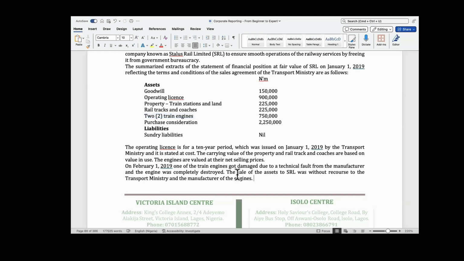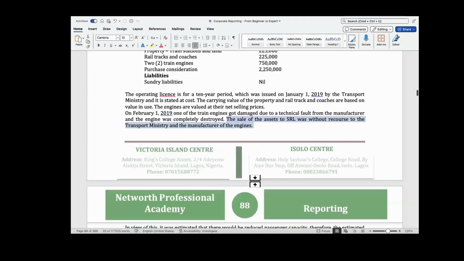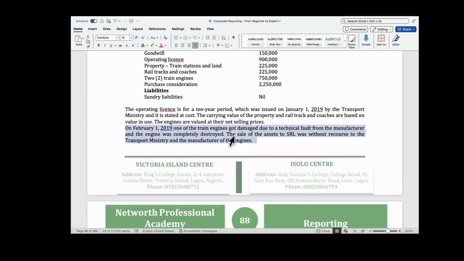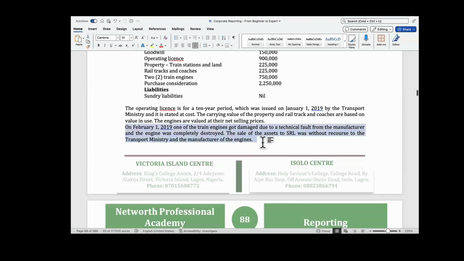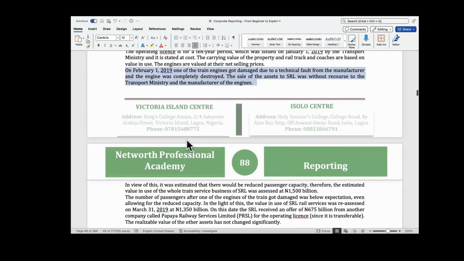That means SRL cannot go and meet the ministry and say that this train you sold to us is not good, or give us our money back, or that one cannot work. It is without recourse, so they have bought it, nothing. That's all this is telling us: one of the train engines has been damaged.